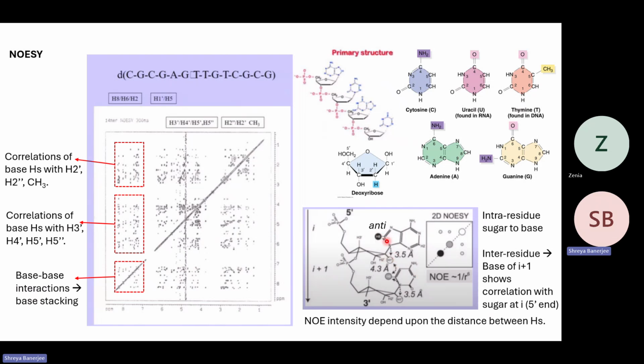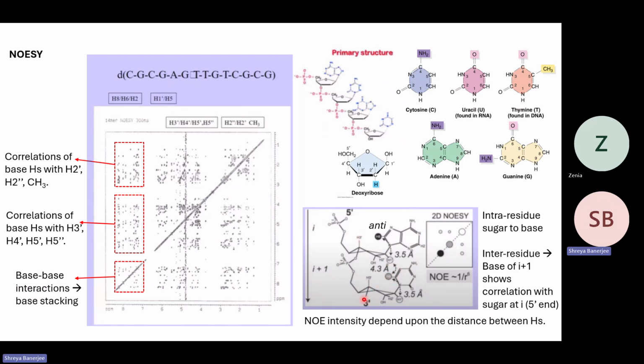This is within the same residue. Similarly, H1 prime of the next residue will show with this hydrogen of the nitrogenous base, also within the same residue. And between the two residues, from the nitrogenous base hydrogen of I+1 to the H1 prime of the sugar of I, around 4.3 angstrom. So this will also be seen.